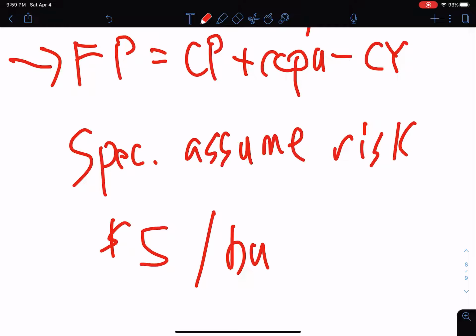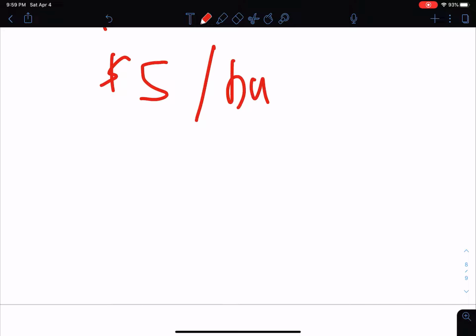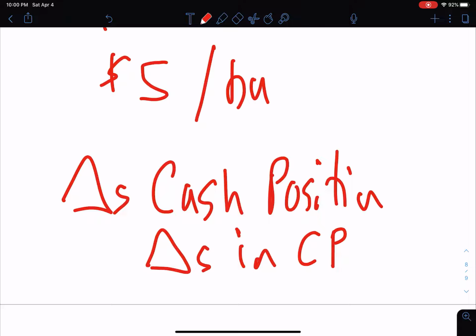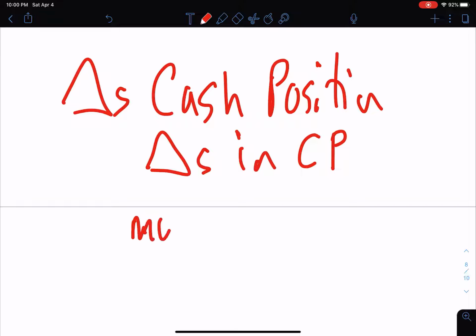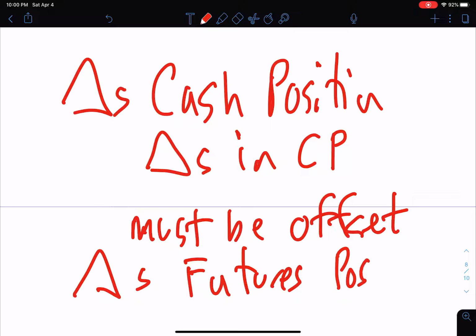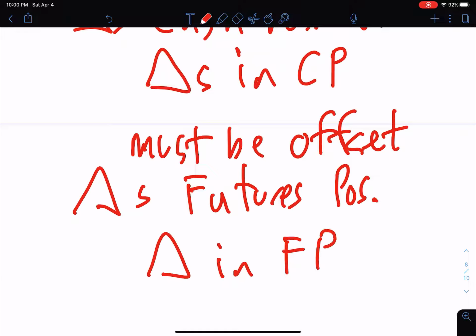Now, if a hedger's use of futures is to be successful in decreasing price risk, changes in the value of the cash position caused by changes in the cash price must be offset by changes in the value of the futures position that come about as a consequence of changes in the futures price, the price of the futures contract.